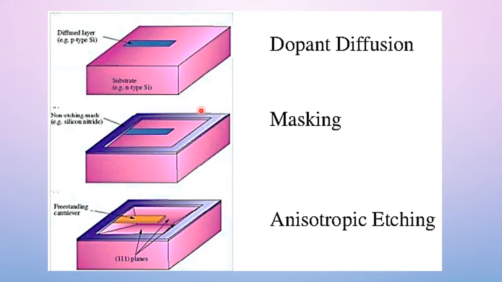Then the etching process will start in this area, so the area here will be etched away. Then there will be one freestanding cantilever here. This is the final product that we want to see.